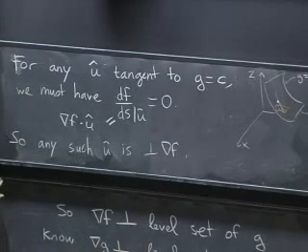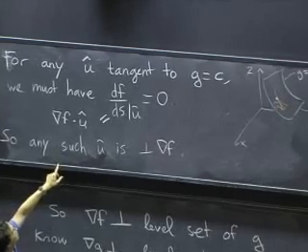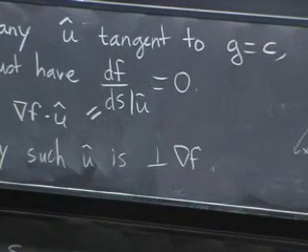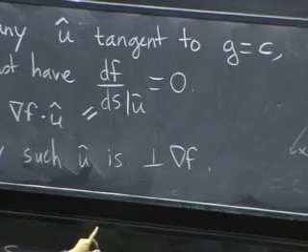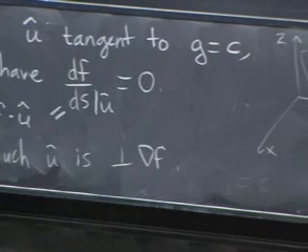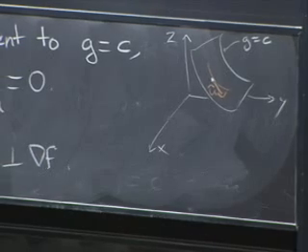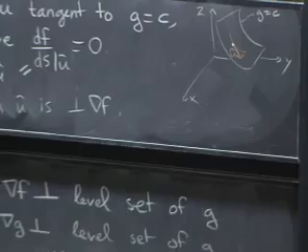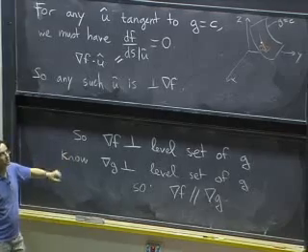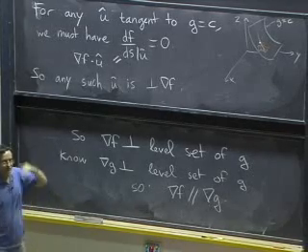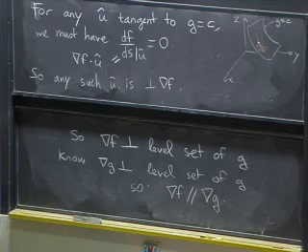And so any unit vector u hat tangent to the level set of g is going to be perpendicular to the gradient of f. So the gradient of f is perpendicular to the level set of g. If you want, that means the level sets of f and g are tangent to each other. So that's justifying what we've observed on the picture, that the two level sets have to be tangent to each other at the constrained minimum or maximum.